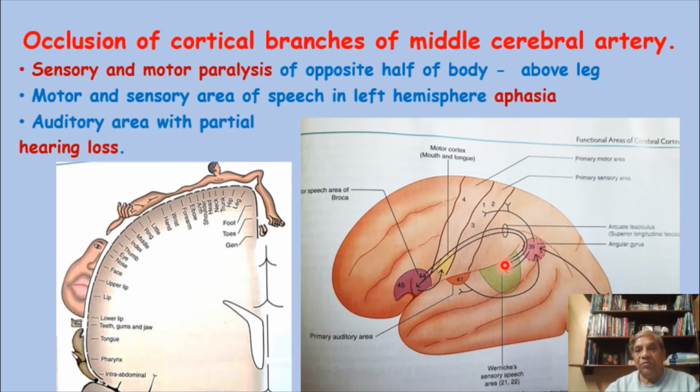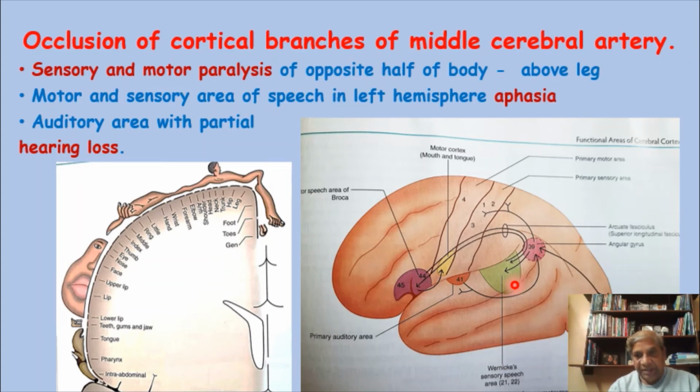So both motor and sensory speech areas will be lost, and because of that a person will not be able to speak, and that condition is called aphasia. But this will be so only when there is occlusion of the middle cerebral artery in the left cerebral hemisphere, because the left cerebral hemisphere is considered to be the dominant cerebral hemisphere in a right-handed person.